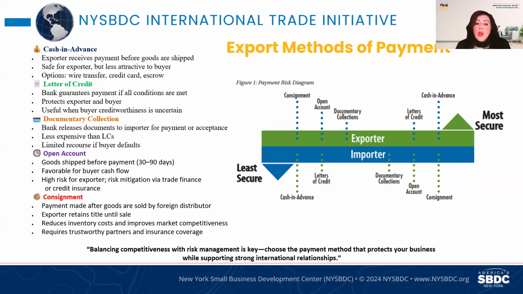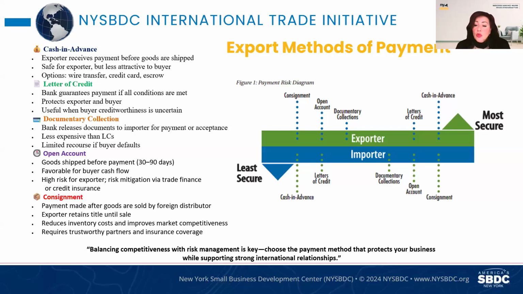Now, the other method of payment that people use is consignment. What you are doing is you have an agreement to send your goods, and then the distributor keeps the goods and gives you the proceeds when they sell them, okay?